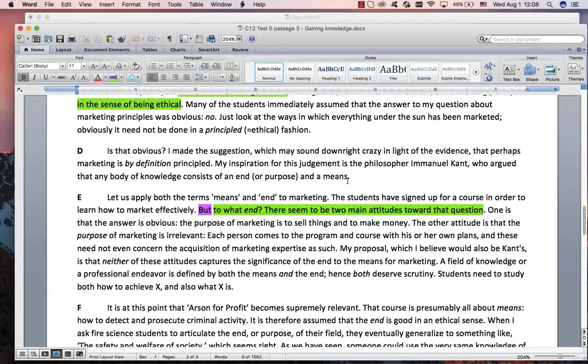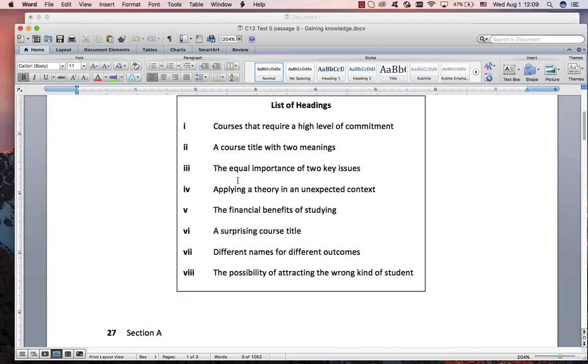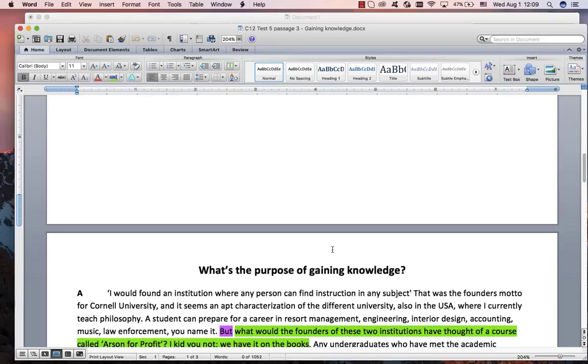In paragraph E, he introduces "but to what end, with what result?" That's what this means: what result? "There seem to be 2 main attitudes toward that question." And that was a slightly more difficult one, the importance of 2 key issues.